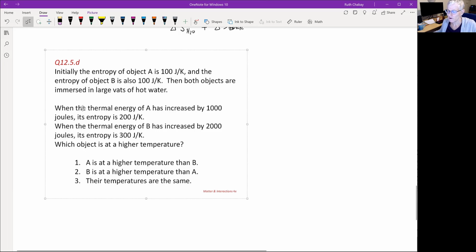For object A, when its thermal energy is increased by 1000 joules, its entropy is now 200 joules per Kelvin. And when the thermal energy of B is increased by 2000 joules, its entropy is 300 joules per Kelvin. Which object is at a higher temperature? You probably need to do just a little arithmetic.